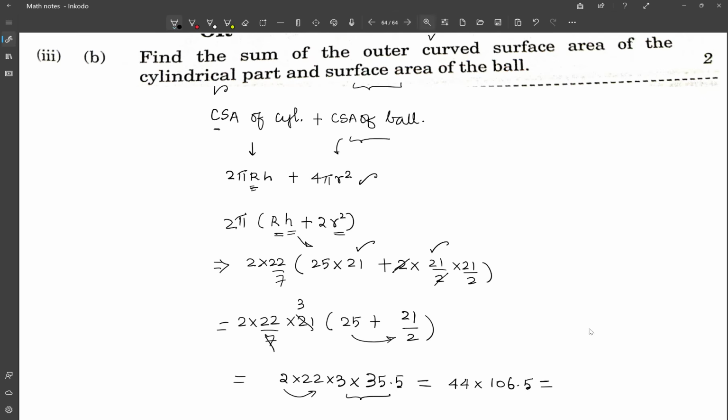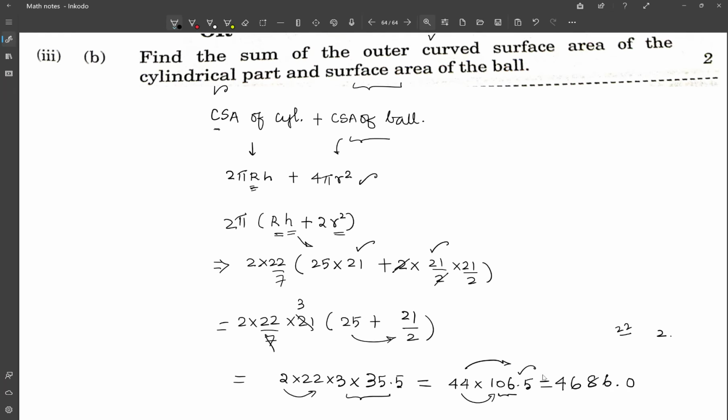So 44 into 5 would be 220. 22 carried over. 44 into 6 is 264 plus 22, 286. So 286, because there is a 0 6, I'm writing it as 6 and 8. So 2 carried over. 44 into 1 is 4, so 4686. And because there is a decimal point here, I'm writing it as 4686.0.